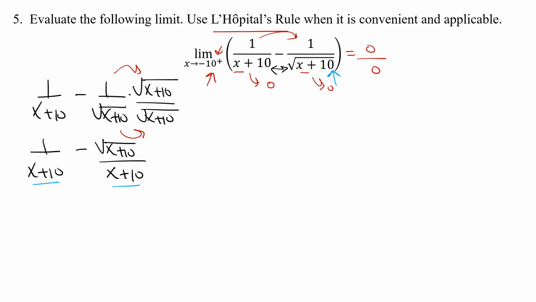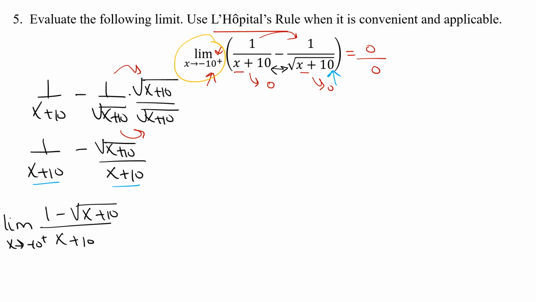Since we have the same denominator, we can just simply rewrite that as 1 minus the square root of x plus 10, and then that whole thing is over x plus 10. We're able to rewrite it, and so don't forget, we now can put our limit in front here to see if we're able to apply it.